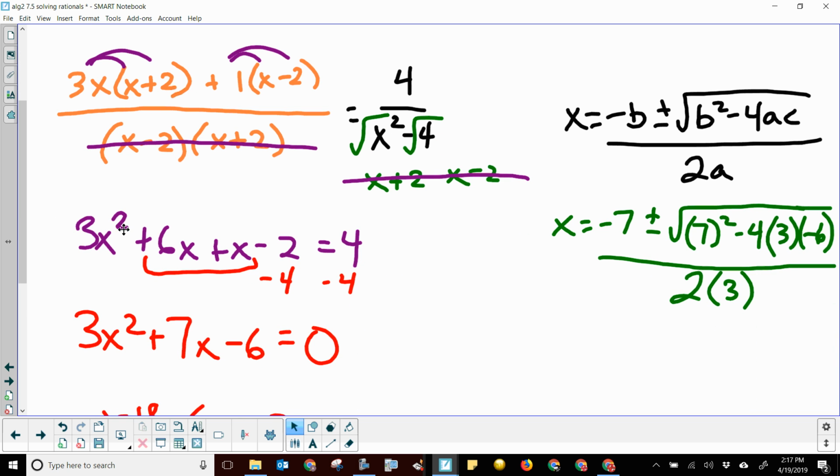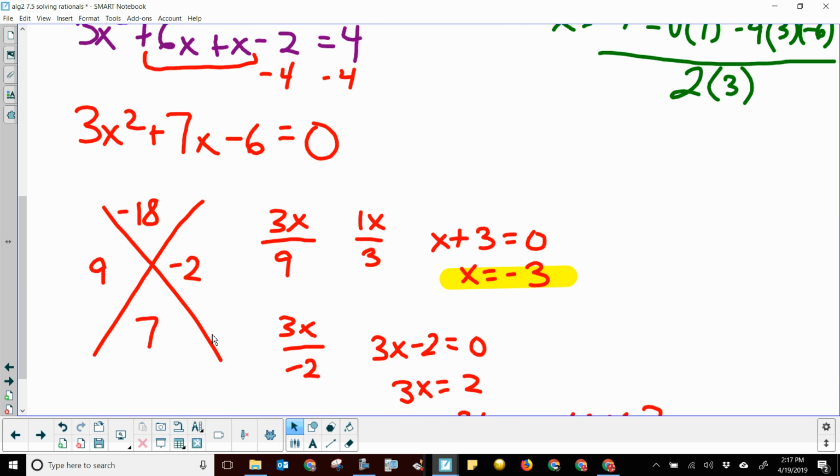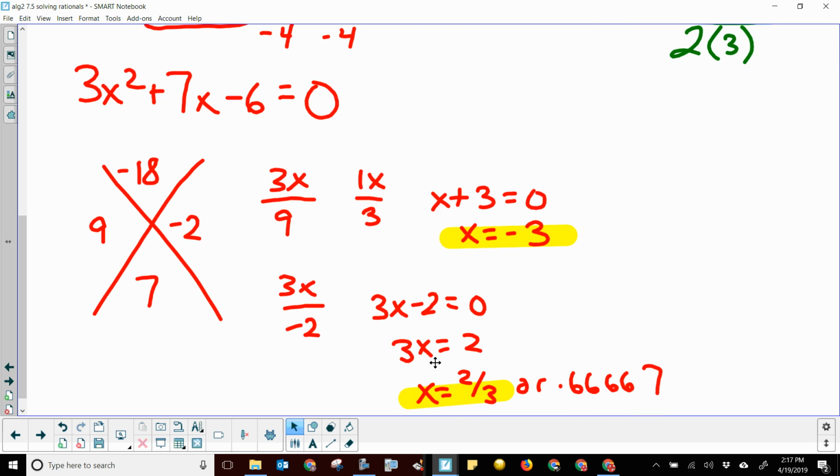Again, we get another quadratic, which we could do this way and get quadratic formula, which is fantastic if that's what you want to do. This one wasn't too crazy hard to factor. Negative 18 and 7, that's 9 minus 2. So 3x over 9 is like x over 3. So x plus 3 equals 0. x equals negative 3. And then 3x minus 2, we do get a fraction.